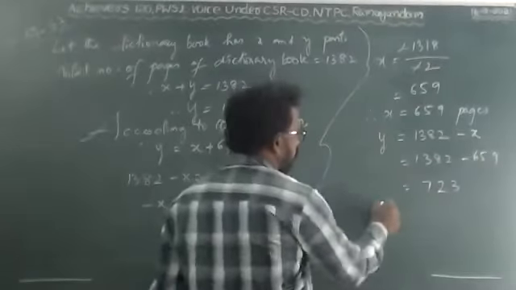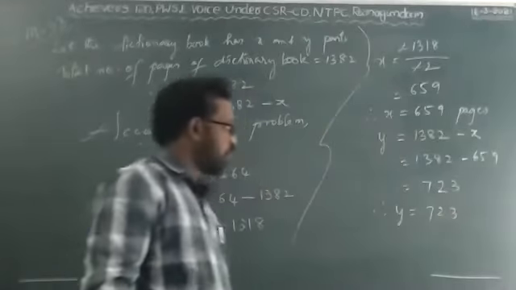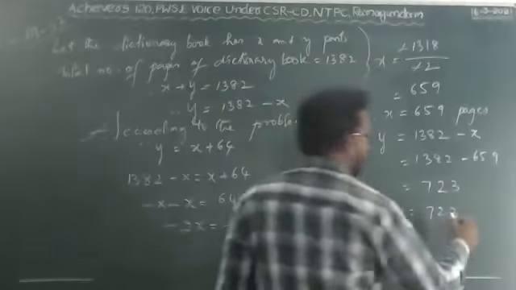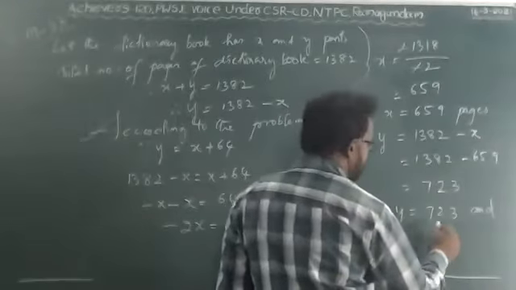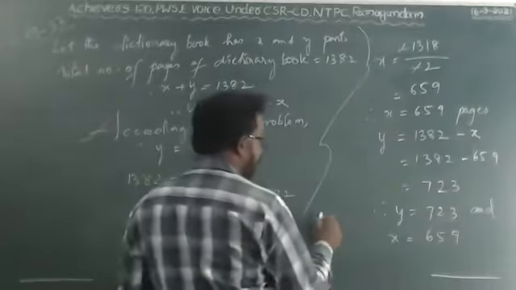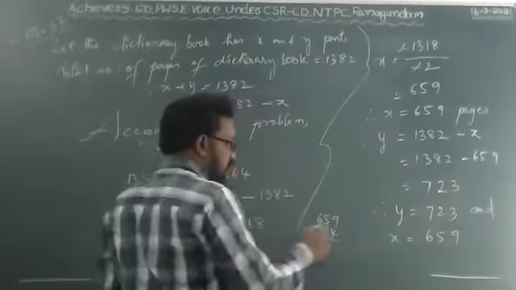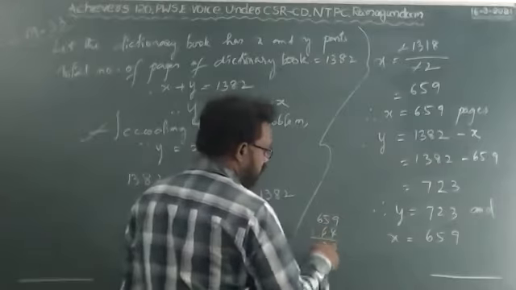So therefore y is equal to 723. If you add 64 to x, which is 659, you will get the y value. 9 plus 4 is 13, 3 carry 1, 5 plus 1 is 6, 6 plus 6 is 12, 723.